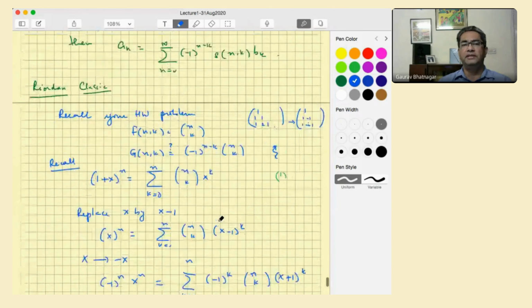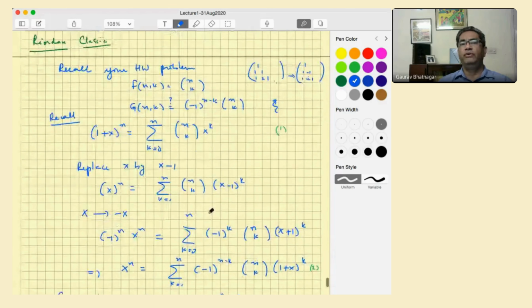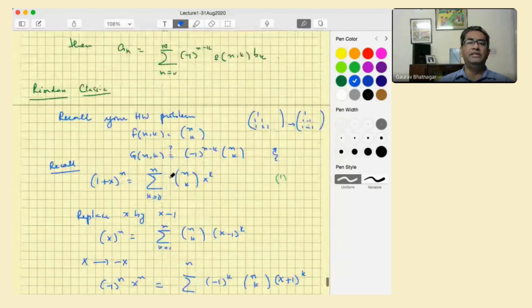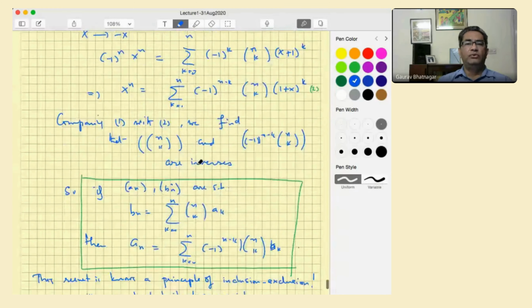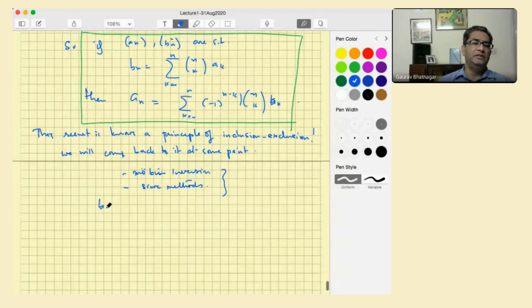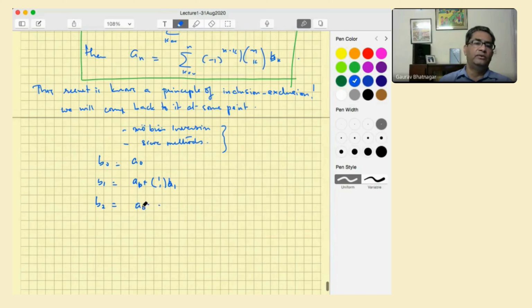And as you can see, it's all about inverting two matrices. That's it. And before closing, let me just say, what are we doing really? Here we are just solving a bunch of equations. That's it. So this is a specific solution, but here we are just solving some equations. B0 is equal to A0, B1 is equal to n choose 0 plus 1 choose 1, that is a0 plus a1, and b2 is equal to this, writing in terms of a1, a2.